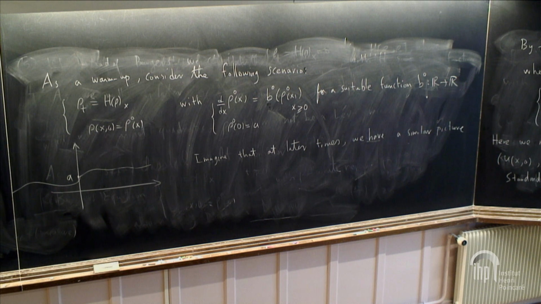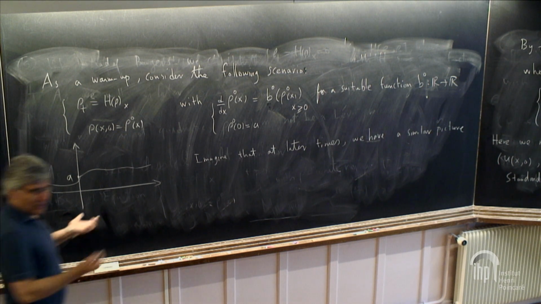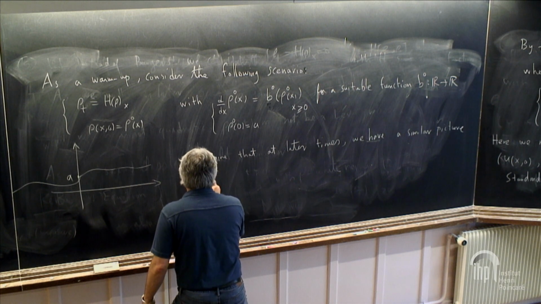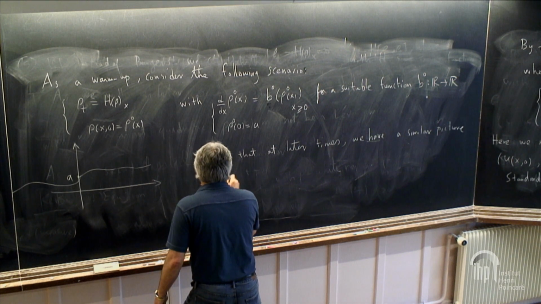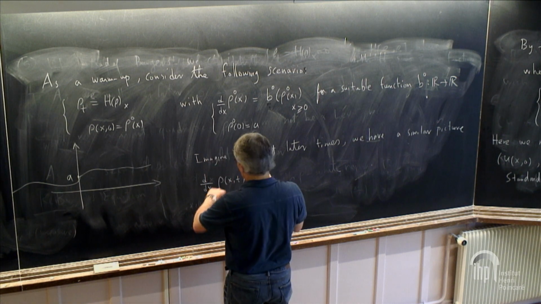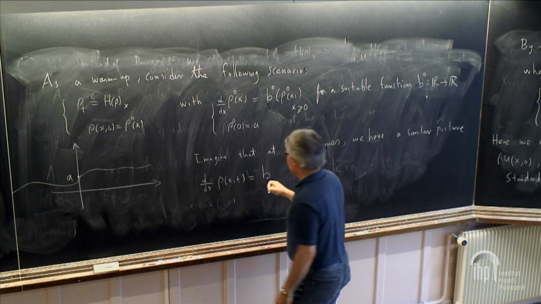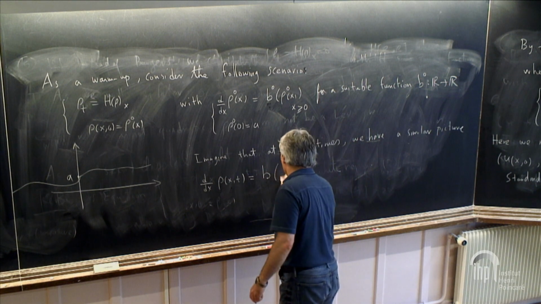So here, x plays the role of time in the ODE somehow, not to be confused with t. Okay? So imagine the same thing is true at later time. Namely, if you differentiate rho with respect to the spatial variable, then there would be a function b for which this is true.